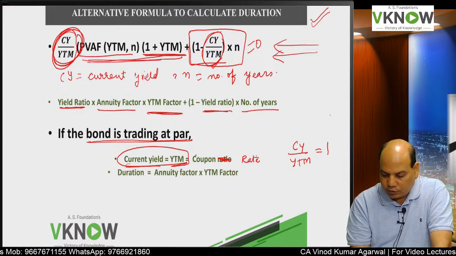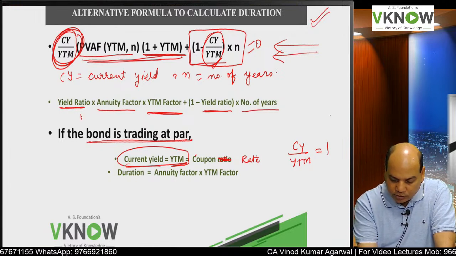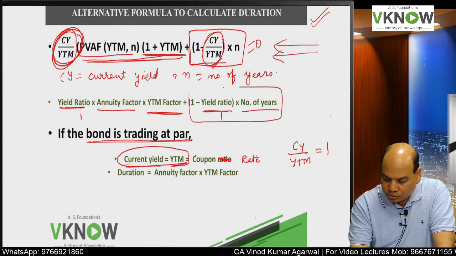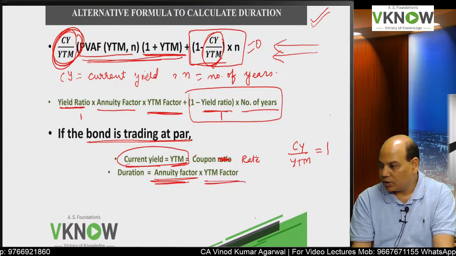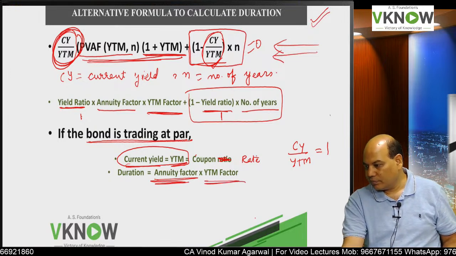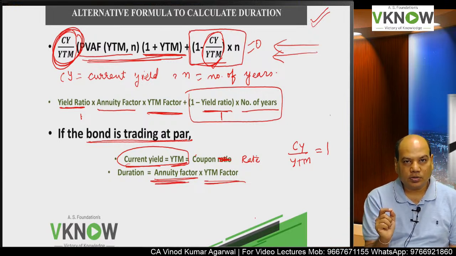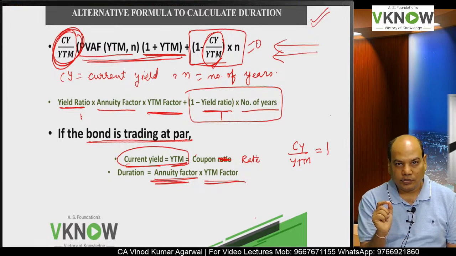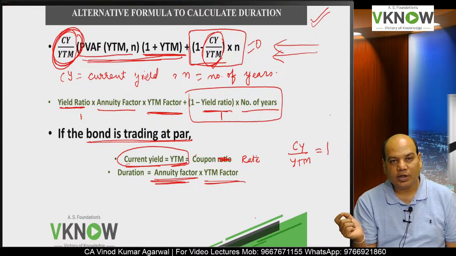So my shortcut formula is duration equal to yield ratio, which is 1, times annuity factor into YTM factor. Is it right? So the shortcut formula for duration, if the bond is trading at par and redeemed at par, is annuity factor into YTM factor.